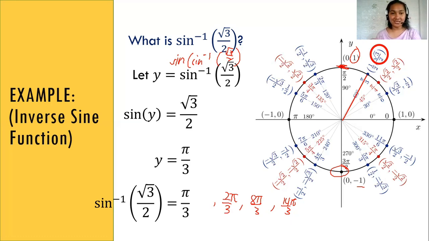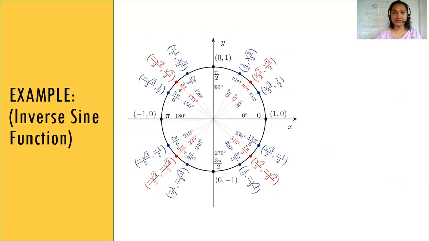The value itself will only be limited to the domain and range of that inverse function. So that's why we will not consider 2π/3, 8π/3, 14π/3, and the rest of the angles, for values lower than -1 and higher than +1. We are only going to base our answer within this range. Okay, let's proceed to our next example.